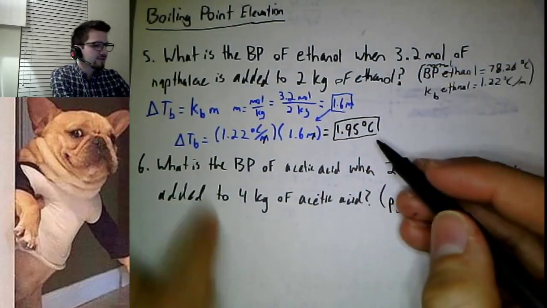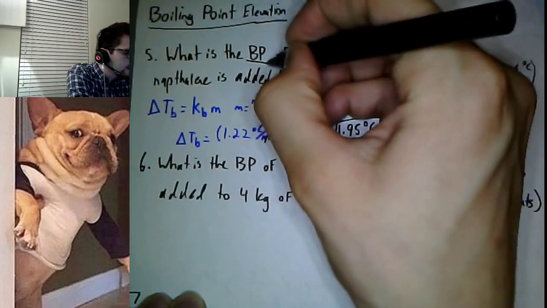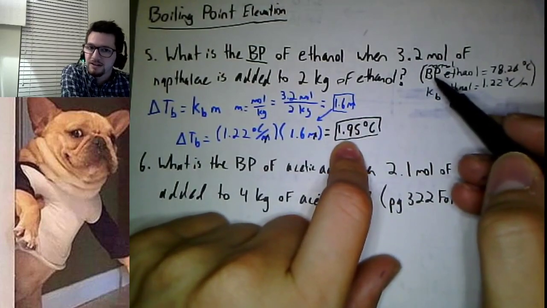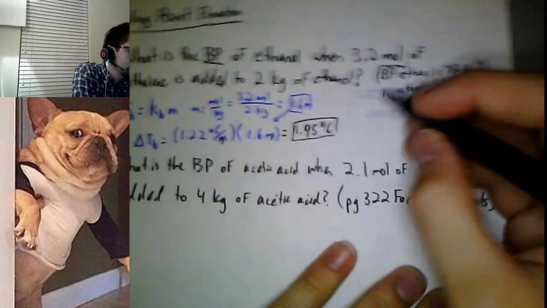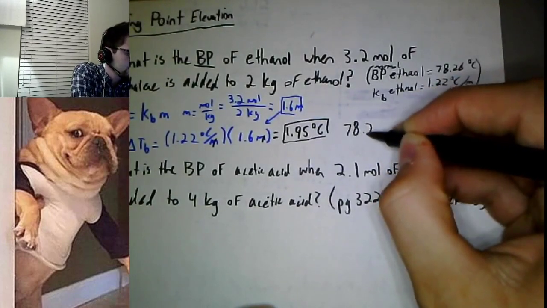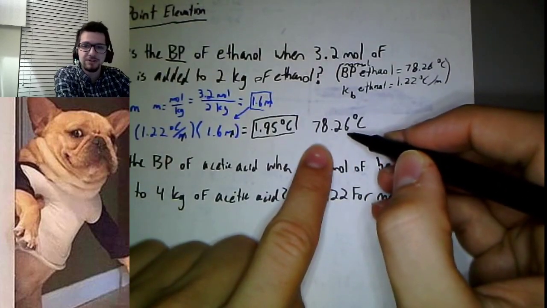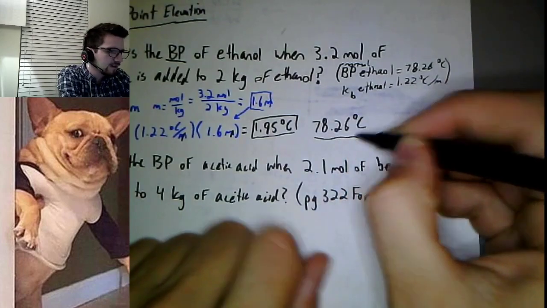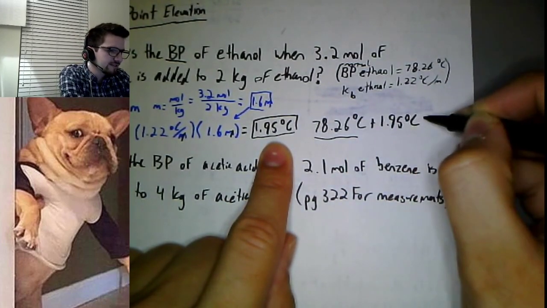Now, is it asking for my change in boiling point? No, it's asking for the boiling point. So if I changed this much, what was the original? Well, that's in the book. The boiling point of ethanol is 78.26 degrees. So I had 78.26 degrees Celsius originally, and I'm increasing it by 1.95 degrees Celsius.